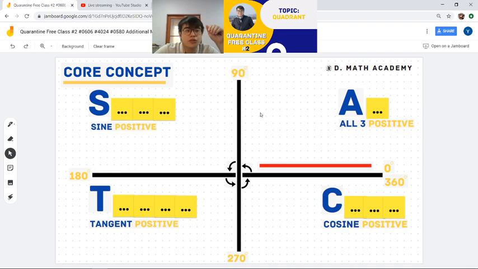So I'm going to introduce you to all the quadrants here. This one over here that you're looking at, the first quadrant, followed by second quadrant, third, and fourth.